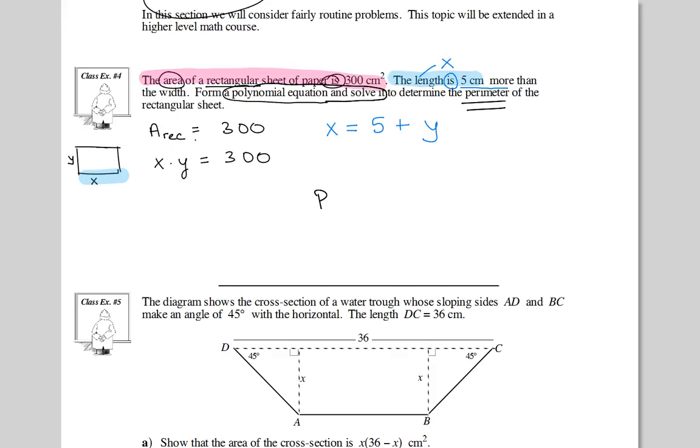Perimeter is what? 2 x's and 2 y's. Okay, do I know what y is? Kind of. Do I know what x is? Kind of. But I'm thinking they want me to form a polynomial equation, so that would be like p of x. But the problem is, I have y here.